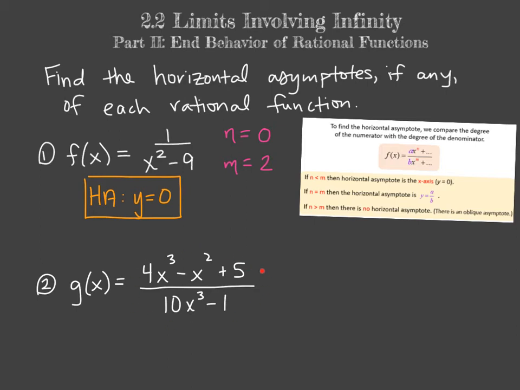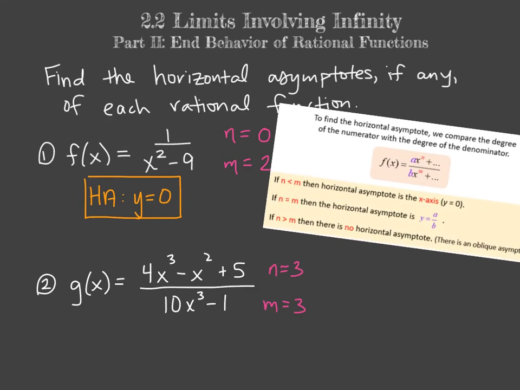Okay, let's take a look at number 2. Let's find n and m. So the degree of our numerator is 3, and the degree of our denominator is also 3. That means we have the second case. They're equal. We also have a horizontal asymptote here, and this one is specific to this function because it is the ratio of the leading coefficients, a over b.